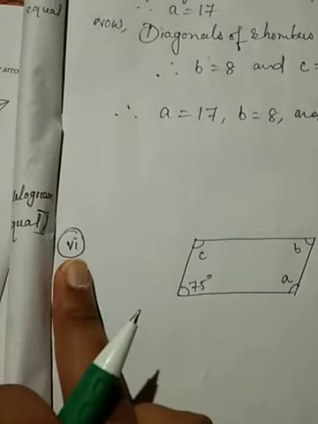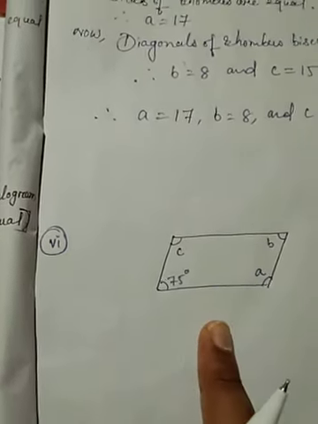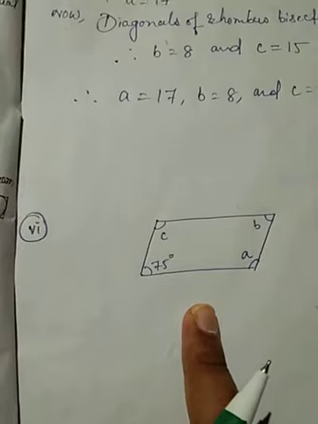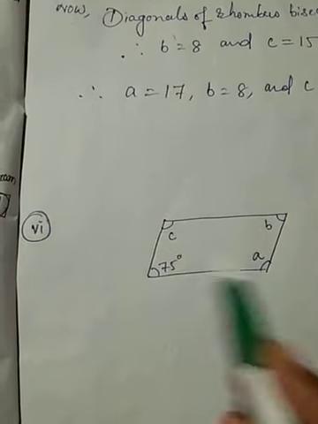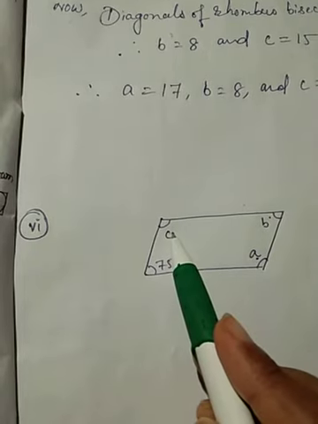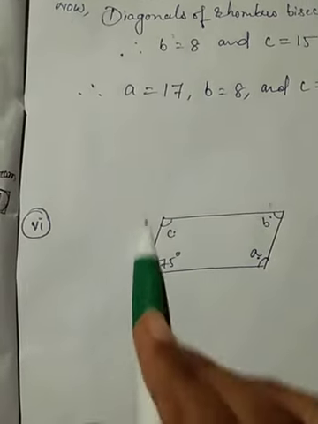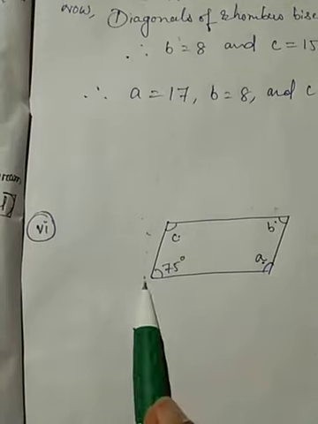Now our sixth figure is this. This is the sixth figure. Here we find the value of a, b, and c. This is also a parallelogram.